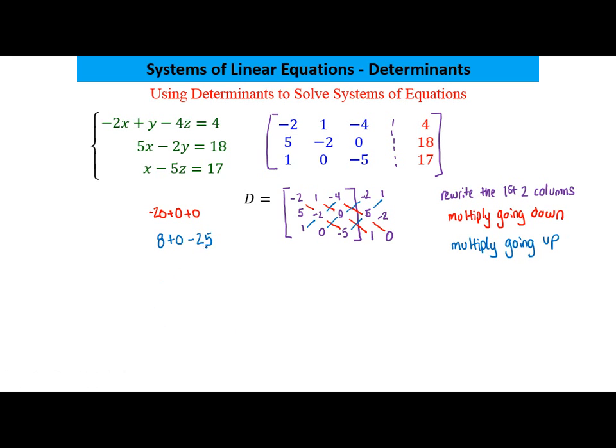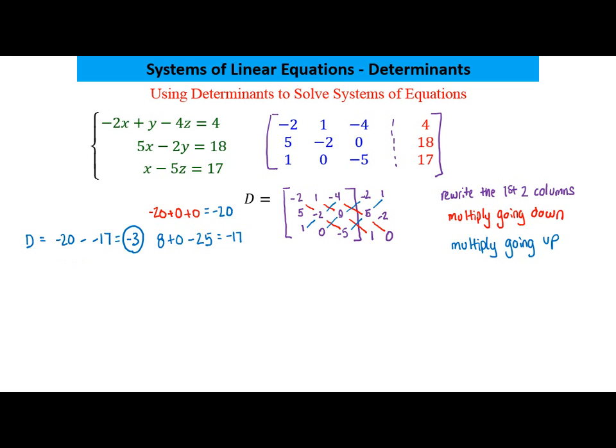Okay, so if I get this answer, it's negative 17. If I have this answer from the beginning, I have negative 20. What am I supposed to do with those two answers? Subtract them. So we have the determinant is negative 20 minus negative 17, which is really plus 17, which gives us negative 3.